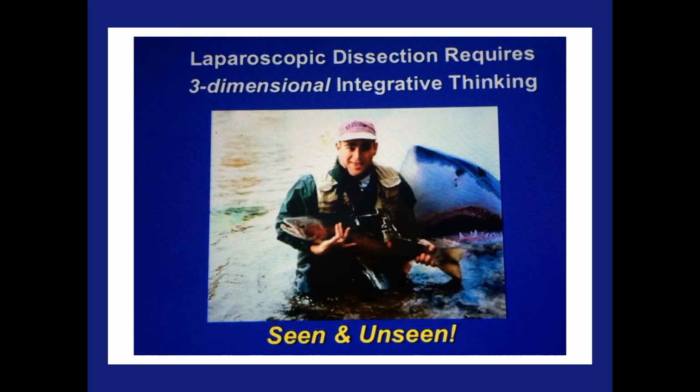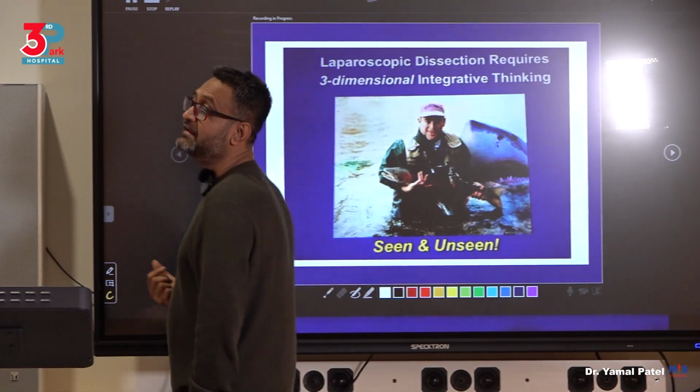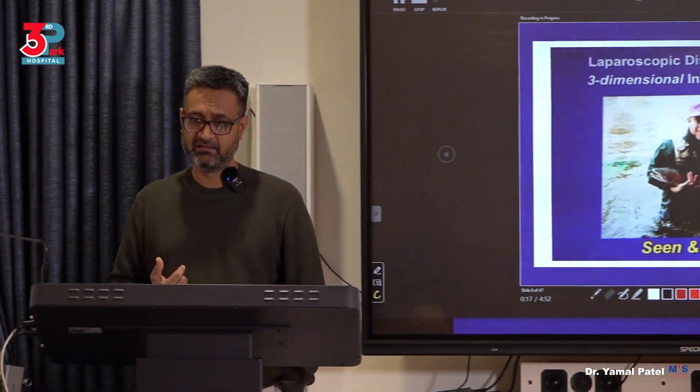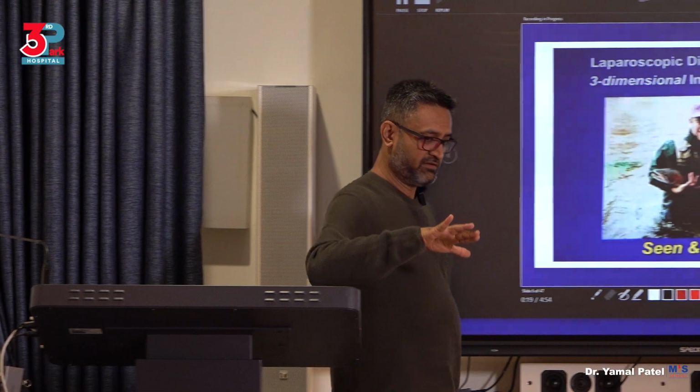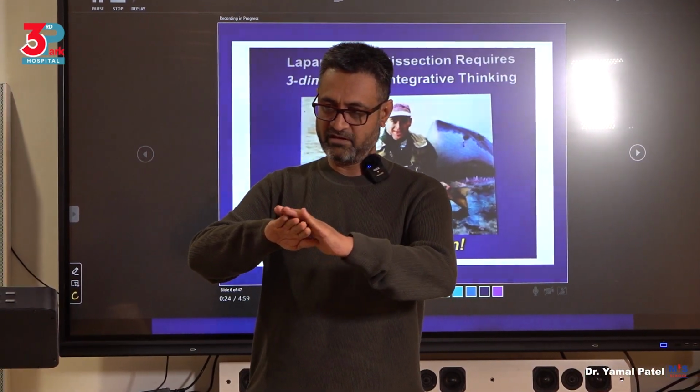When you're dissecting in laparoscopy or in any surgery, you have to understand that there is what is seen in front of you and then what is hidden behind. If you're not careful, you are risking as you're proceeding. So what I mean is you're touching the lateral wall, but remember the lateral wall is covered by peritoneum.